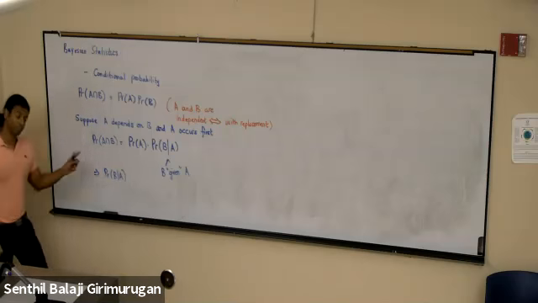Good so far? Yes? No, wait, okay. So if A depends on B, but it's B given A, why, or is it B given A? B depends on A. Oh, I'm sorry.